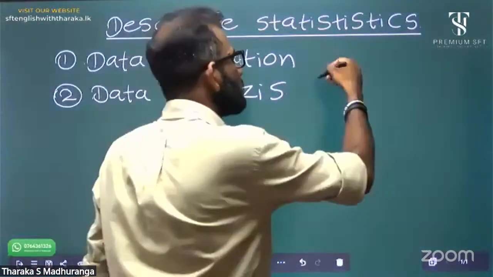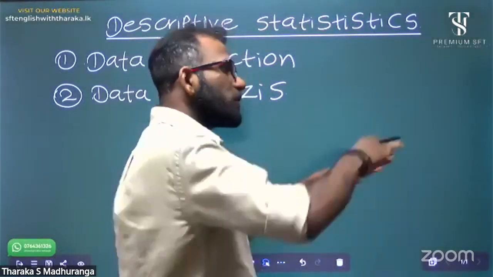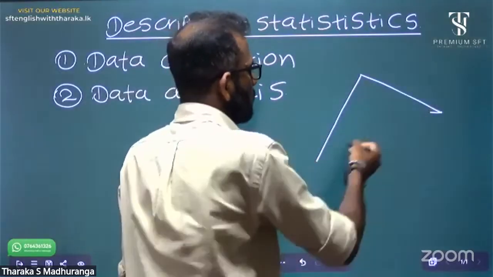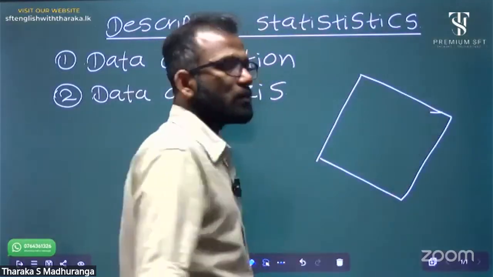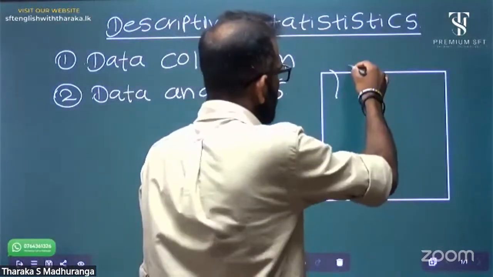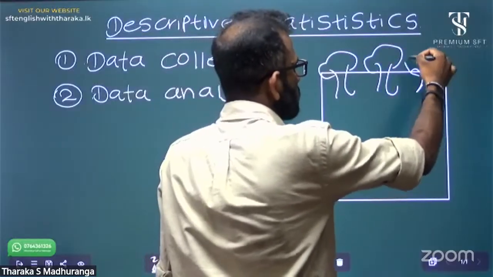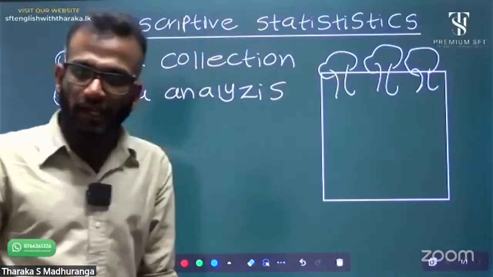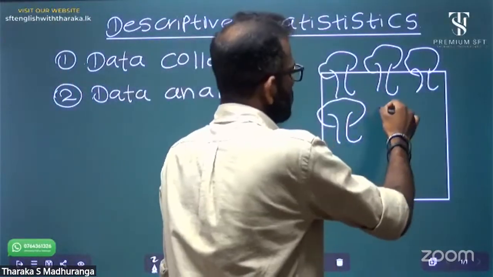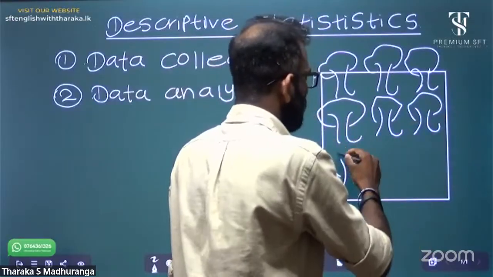Whatever the field. Think, as an example, we have a rubber plantation. I need to analyze annual latex production. Latex means rubber, the product of the rubber tree. Annual latex production of this rubber plantation.